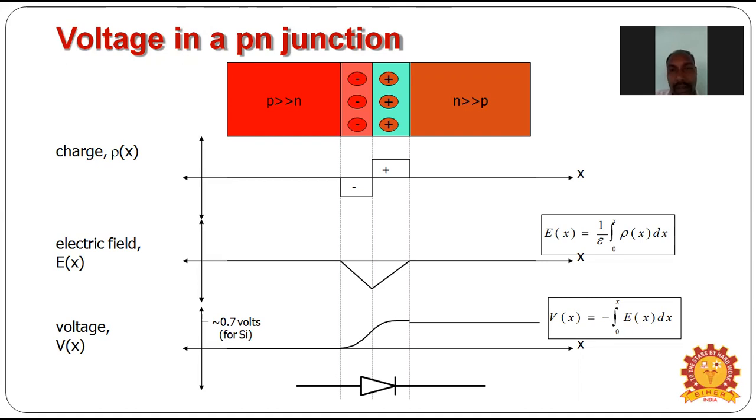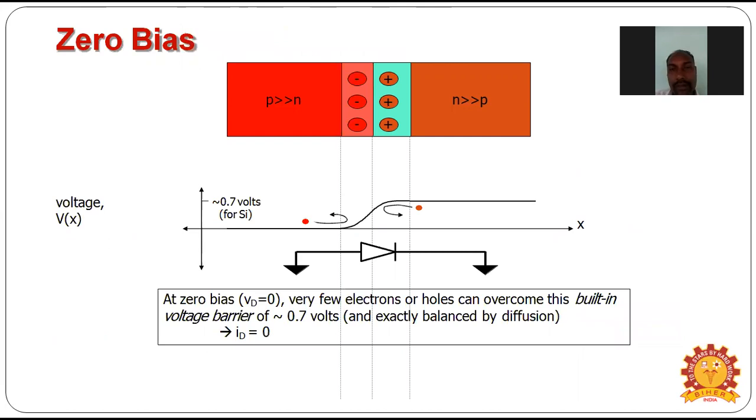Next, this is the zero bias of the PN junction. The voltage is plus 0.7 volts for Si, that is silicon.